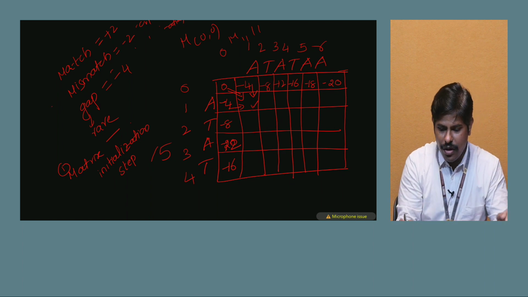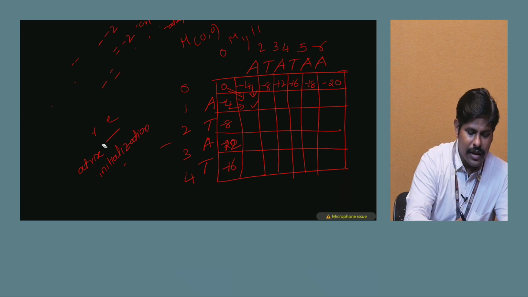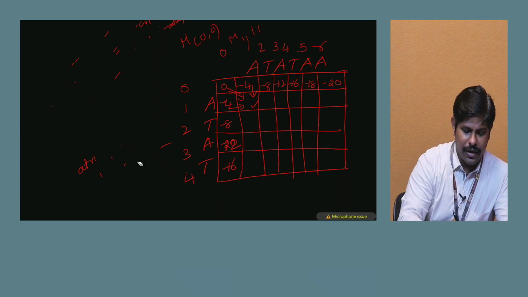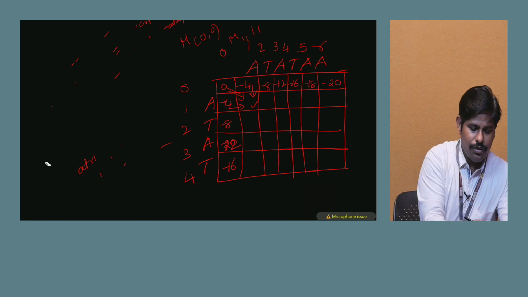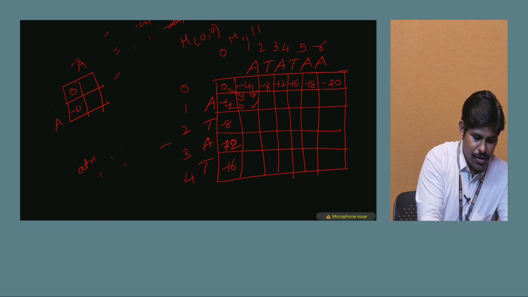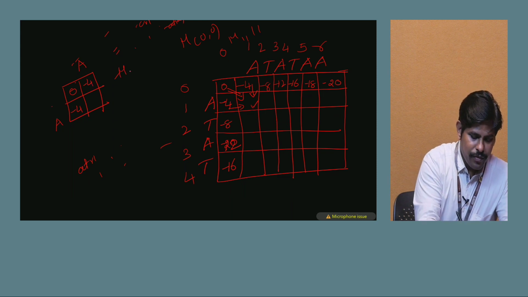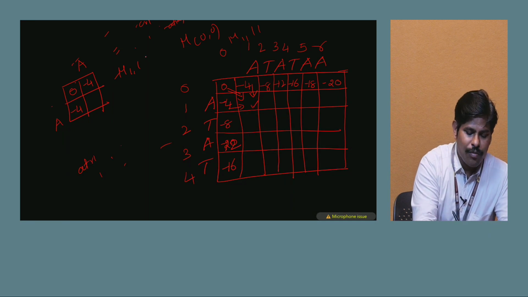Suppose now we take that cell and zoom in to understand what is happening here. I note down 0, A and A, with a score of minus 4, and a score of minus 4, and this cell I am calling M11.